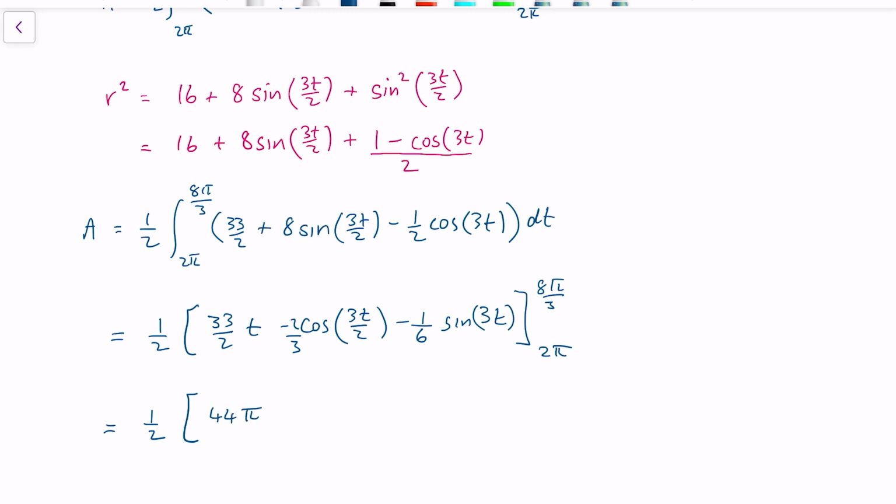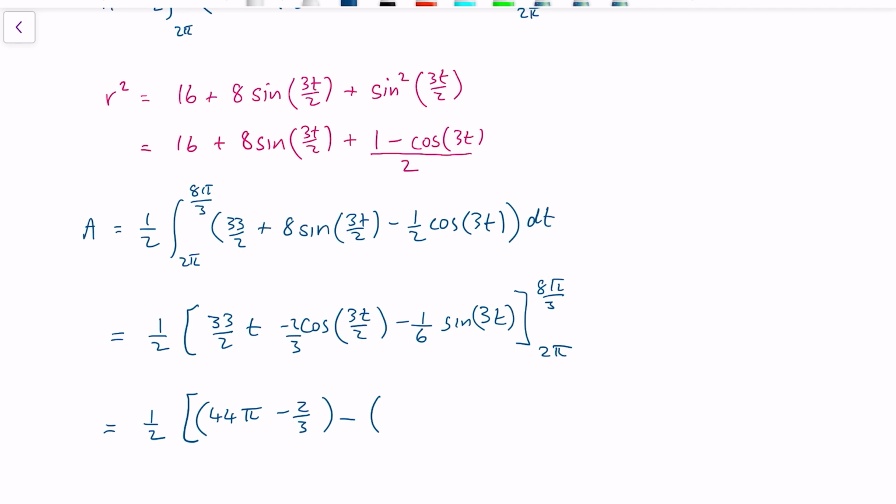The cosine bit, 8 pi over 3 goes in and times this by 3 over 2, so you've got 8/3 times 3 over 2 is 4. Cosine of 4 pi is 1, so it's minus 2/3. And then the sine one, when you times 8 pi over 3 by 3, you get 8 pi. Sine of 8 pi is 0. So that's the first substitution.